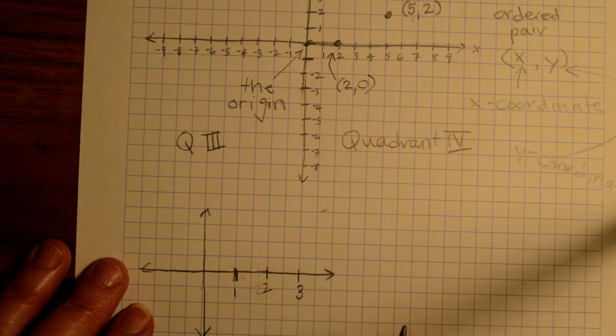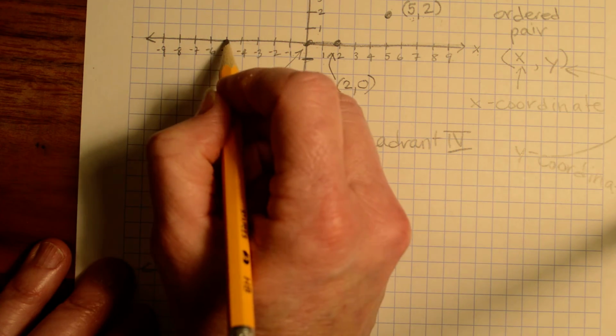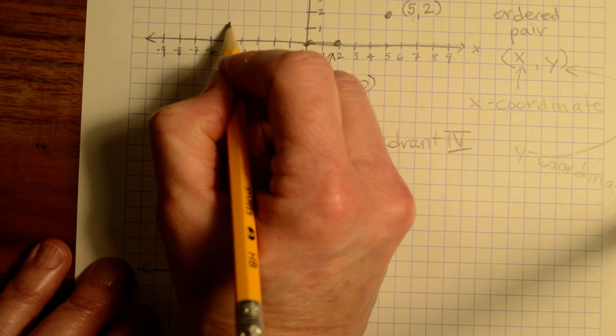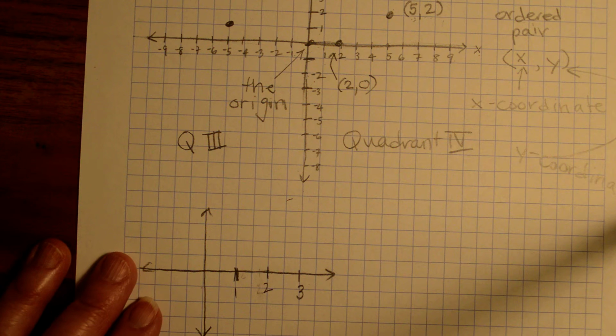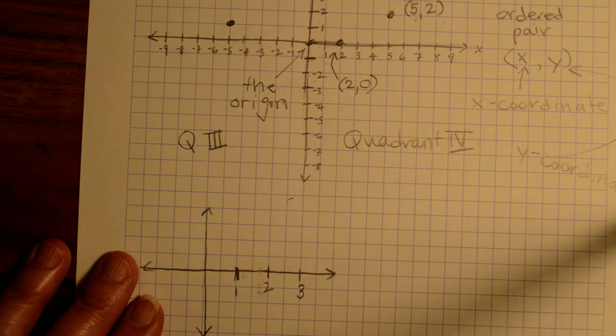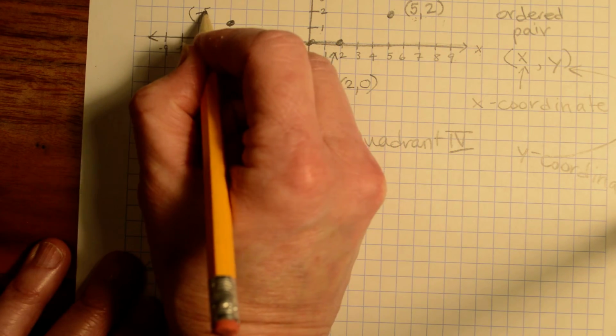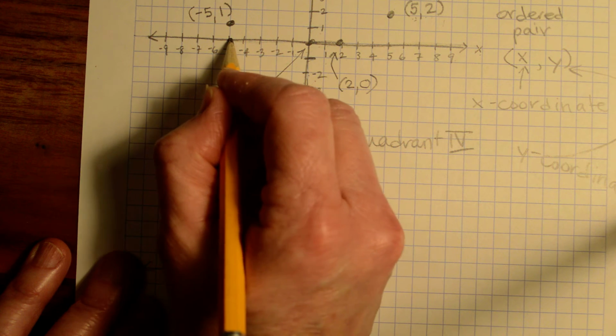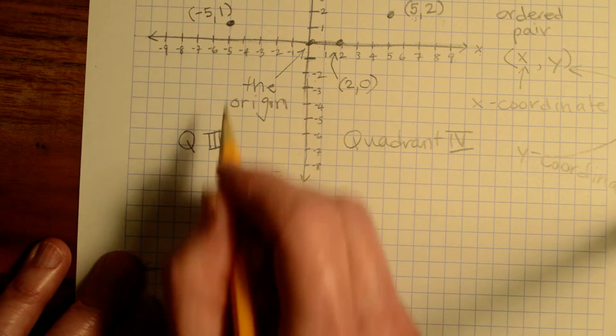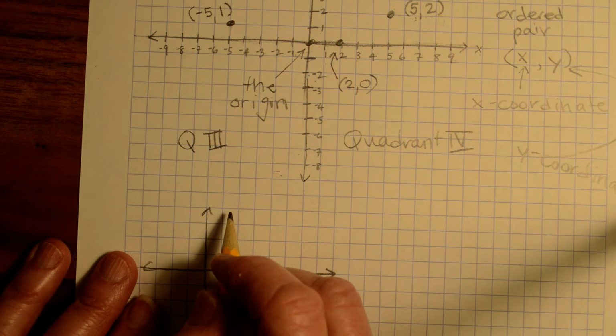All right, how about this one right here? Think about what the coordinates of that one would be. If you said that that's (-5, 1), you would be correct because you'd go over -5 on the x-axis, up 1 in the y direction right there on the y-axis.